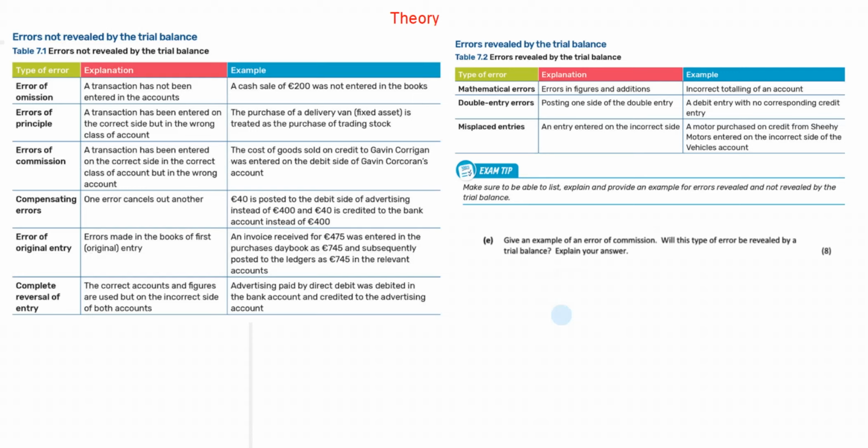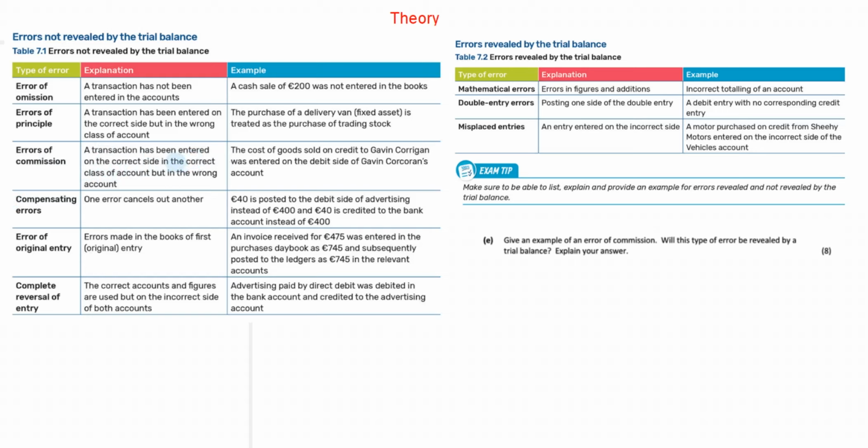So these are the things you need to be able to do. It even says it in the book. Make sure to be able to list, explain, and provide an example of errors revealed and not revealed by the trial balance. So give an example of an error of commission. An error of commission is a transaction that has been entered on the correct side in the correct class of account but in the wrong account.